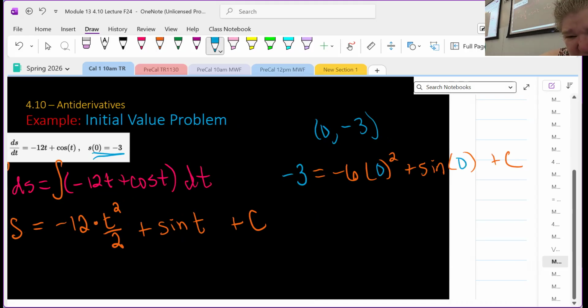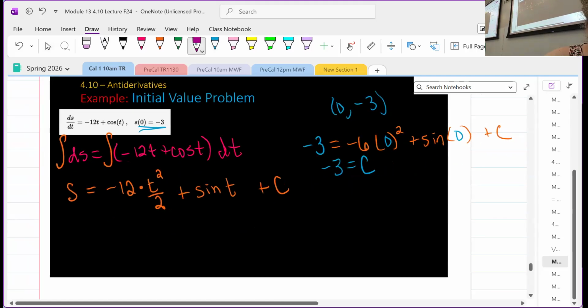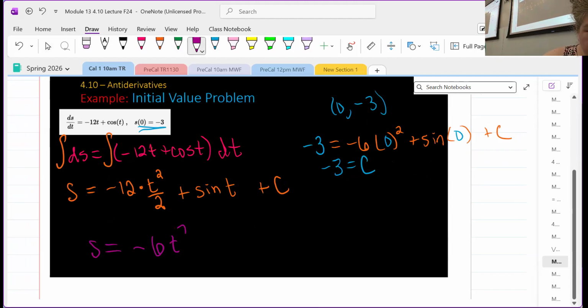So this is 0 plus sine of 0 is 0, because remember, sine starts at the origin. So input 0, get 0 out, plus c. So negative 3 equals c. So final result, s equals negative 6t squared plus sine of t minus 3.